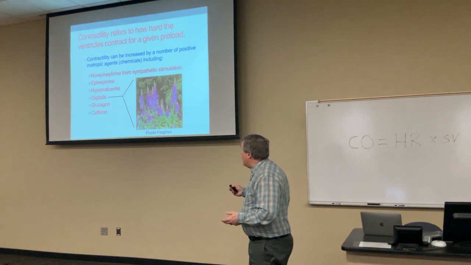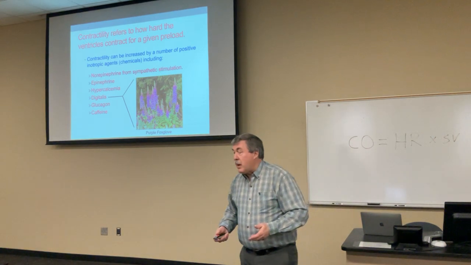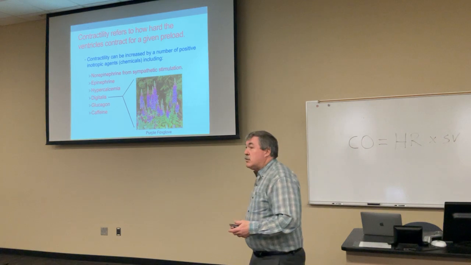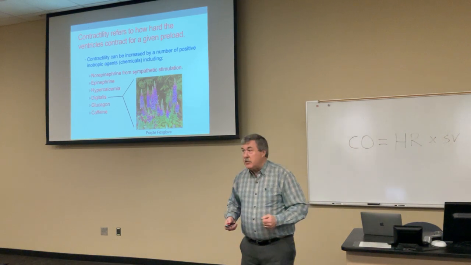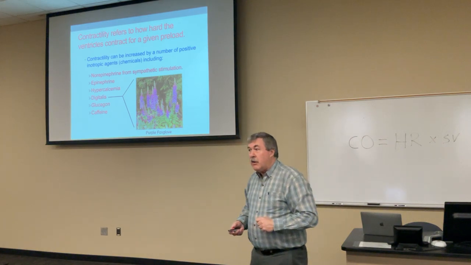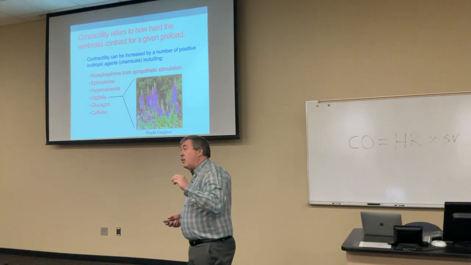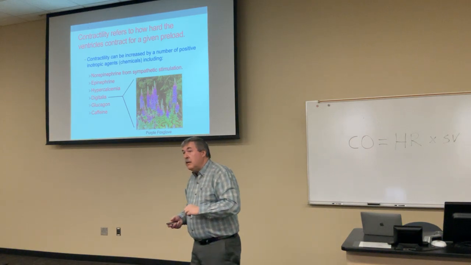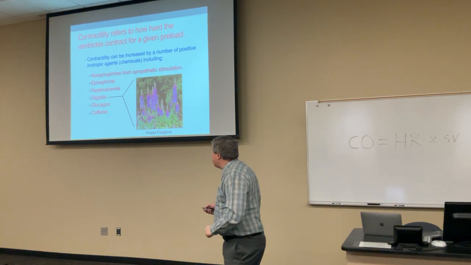And one of the inotropic agents, which is naturally produced by our body, is norepinephrine. That's released by the sympathetic postganglionic fibers. Norepinephrine binds to the beta receptors on the heart, and that increases not only the contractility, which increases the stroke volume, but also the heart rate.